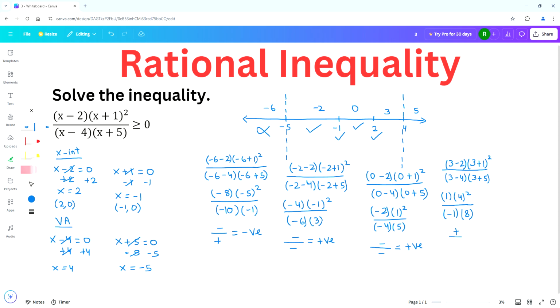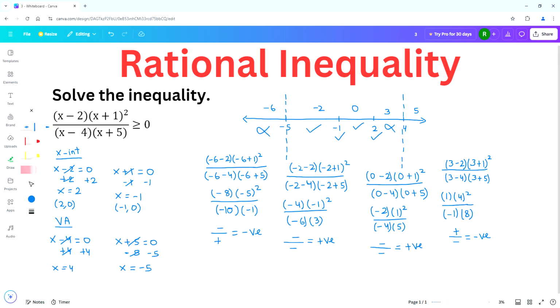In the denominator, negative 1 times 8 gives us a negative result. So the overall value is negative. Therefore, the inequality is not satisfied in the interval from 2 to 4.